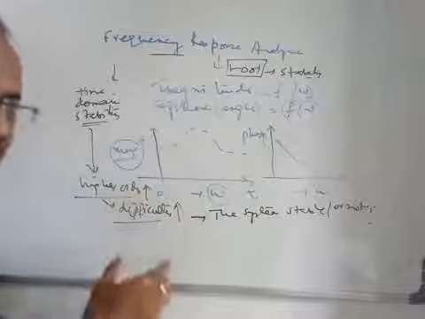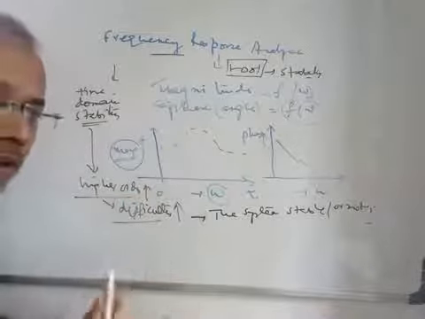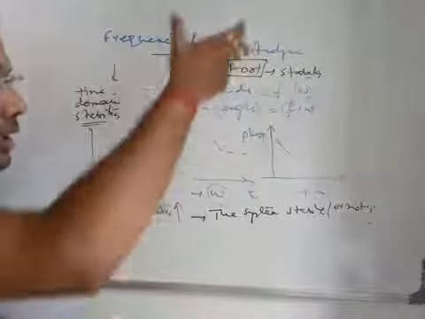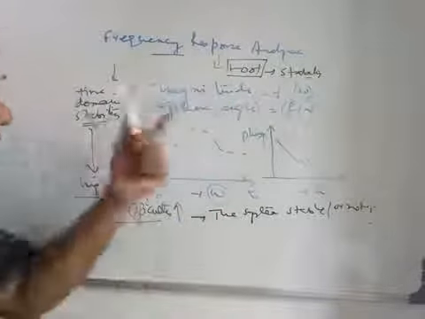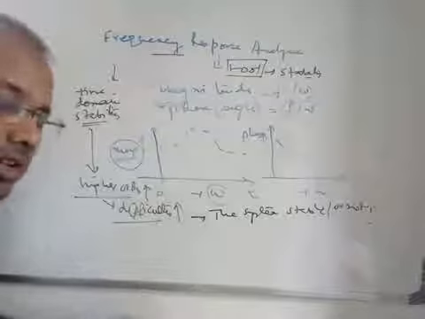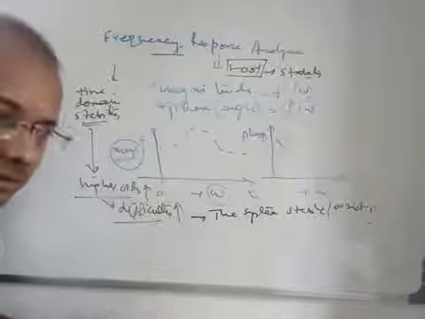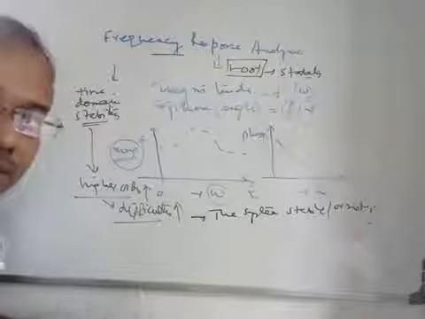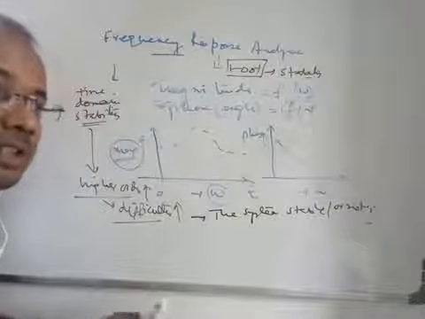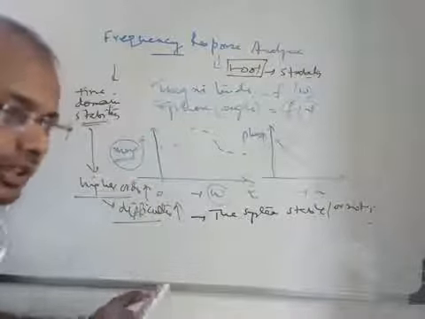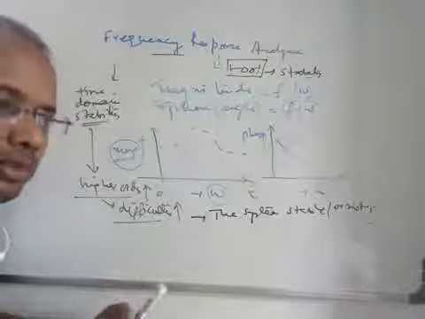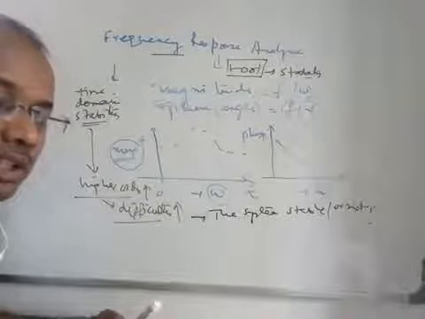So in that case, what do you have to go for? We have to go for another method. That method is frequency response analysis, because in frequency response analysis, higher order systems can be easily analyzed to find whether the system is stable or not. In practical situations, most systems are normally higher order, and there are different techniques by which a system can be reduced to a second order.